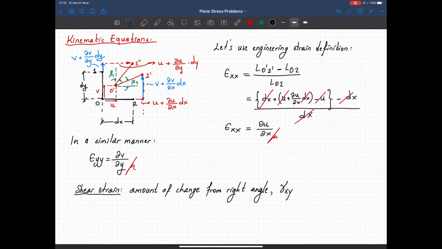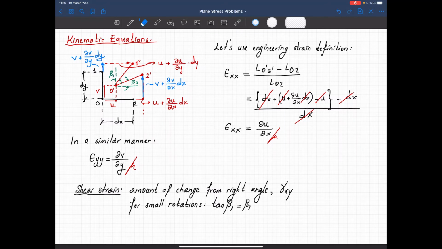So if we assume small rotations we can write the following: tangent beta 1 is equal to beta 1, okay?